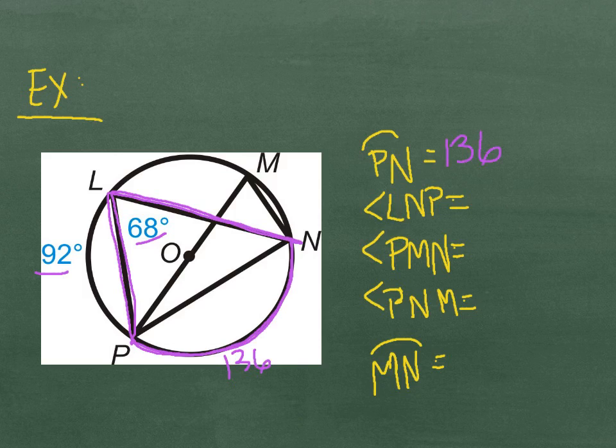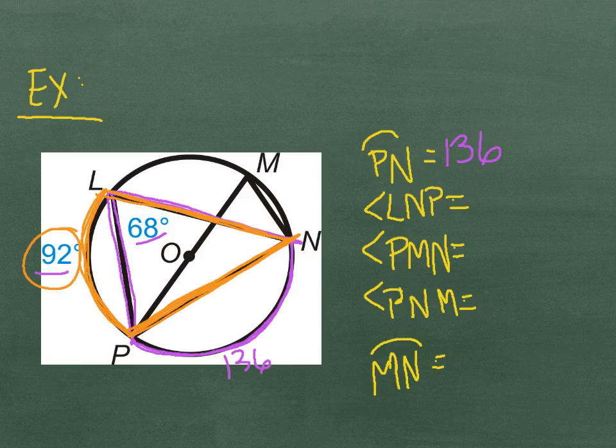Alright, the next question then is asking you for LNP. So again, I'm going to highlight this. I'll do this in orange, LNP. It's this angle. And so hopefully you're already saying to yourself, 92, 92. So this is the one I want to use, 92. And so this value gives me the arc.